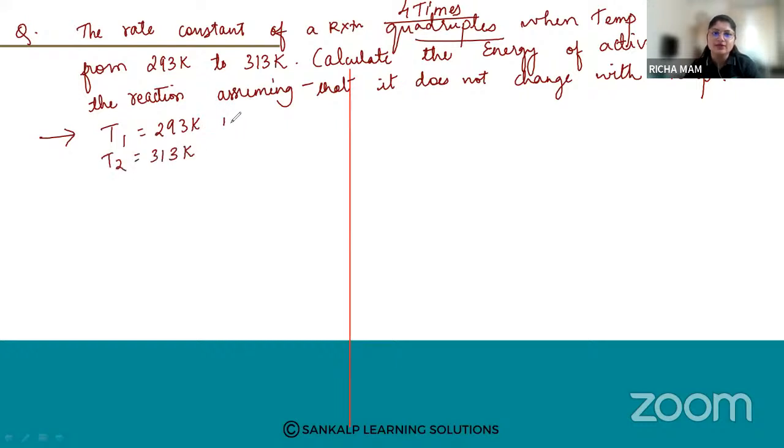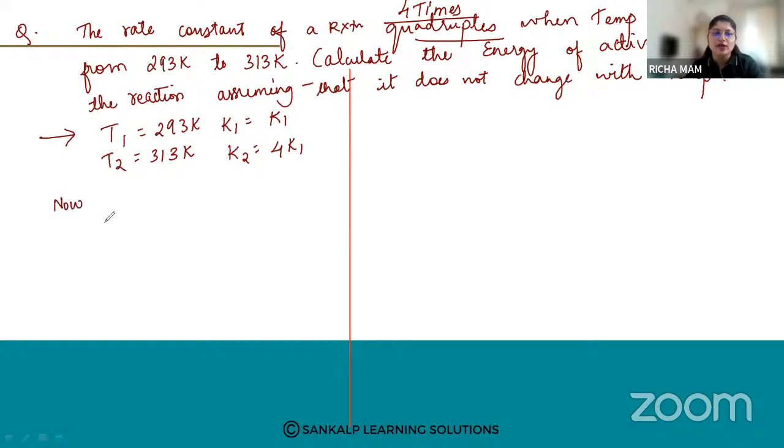The rate constant is K1, and K2 is four times K1. So the rate constant is becoming four times when the temperature is increased from 293 to 313 Kelvin.